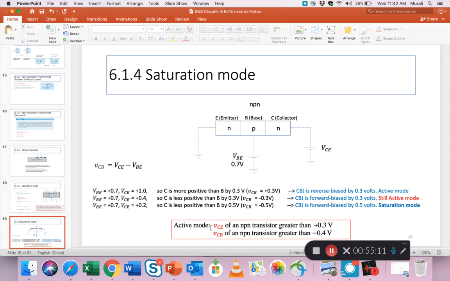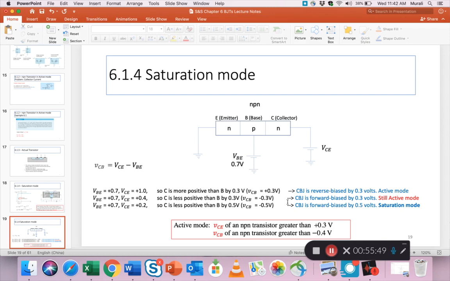Okay, so to summarize, VCE of an NPN transistor has to be greater than 0.3. That means VCB of an NPN transistor has to be greater than minus 0.4. So greater than minus 0.4 VCB, it's happy, it's reverse biased, and it is in active mode. It's not greater than 0, but greater than minus 0.4. Once VCB goes in the opposite direction, it becomes minus 0.5, minus 0.6, minus 0.7.